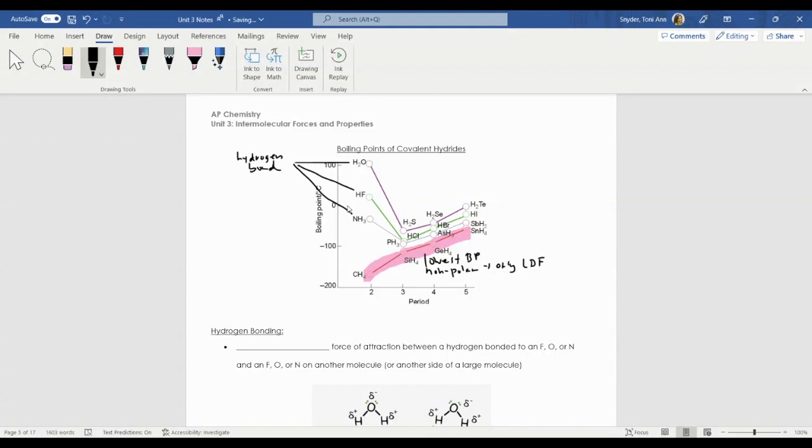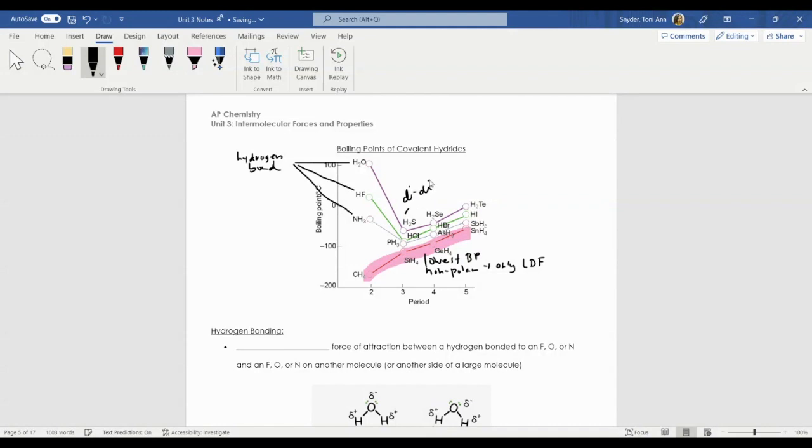Let's go ahead and look at some of these here. So notice how for water, super high boiling point, but for sulfur, who's right below oxygen, its boiling point goes down quite a bit. What's the primary intermolecular force between molecules of H2S? We start to see some dipole-dipole.